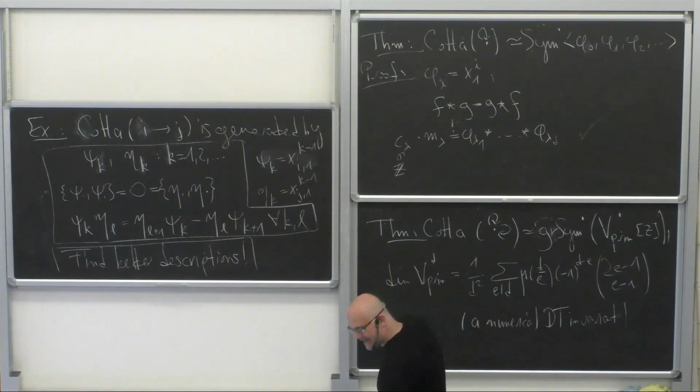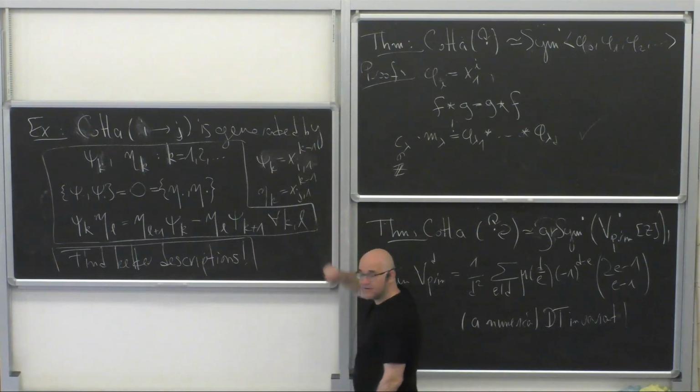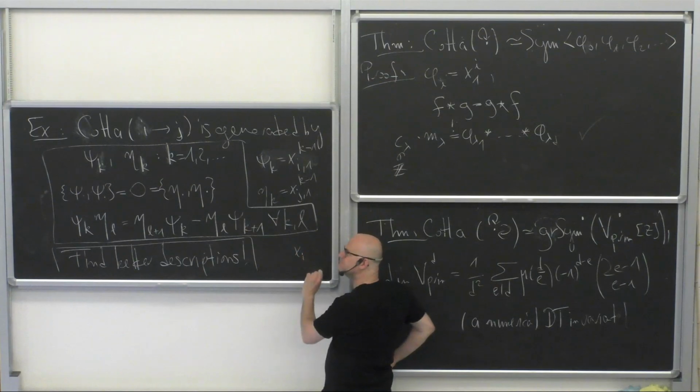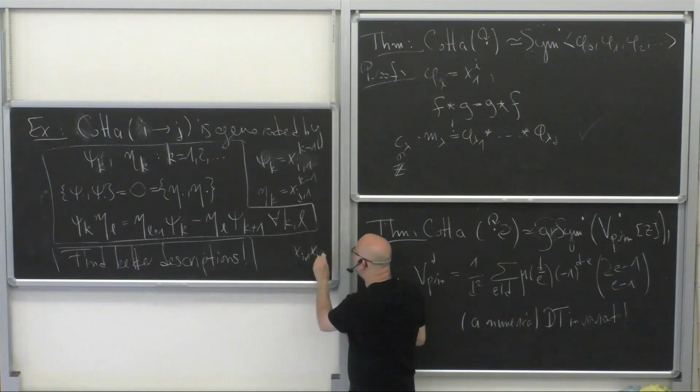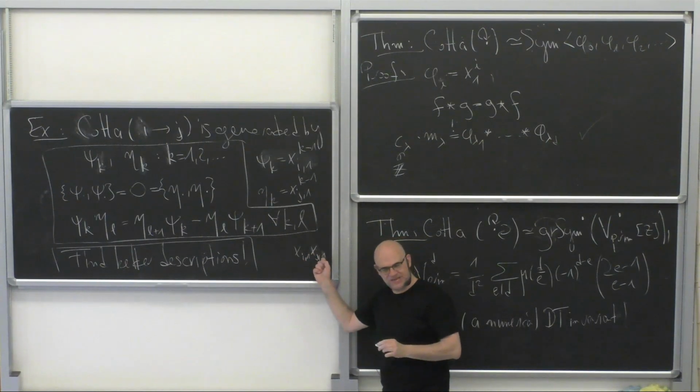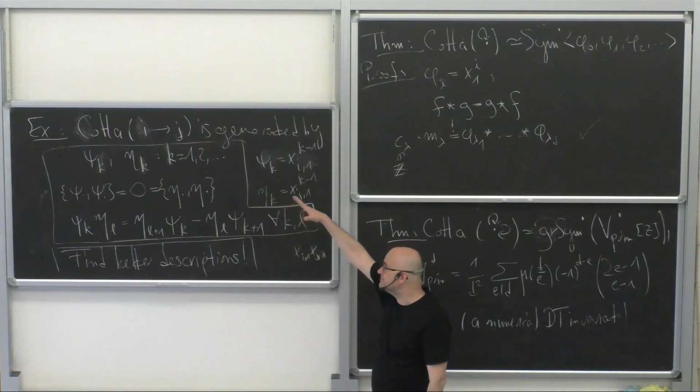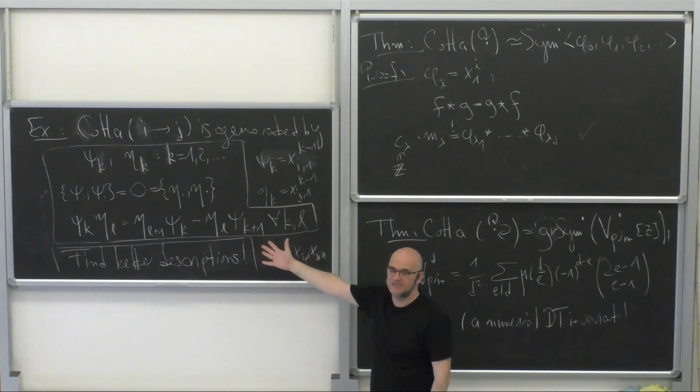Well, one can introduce a third set of generators where you have only one i variable and one j variable. Introducing this third set of generators should then just simplify the relations.